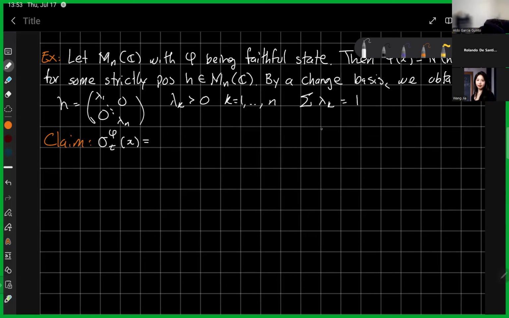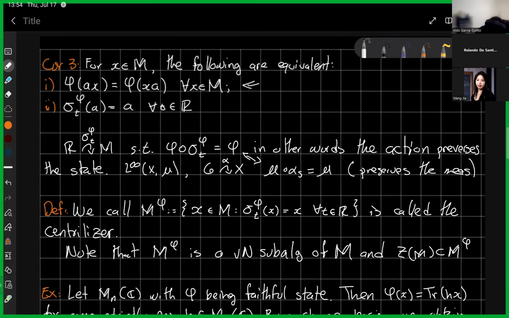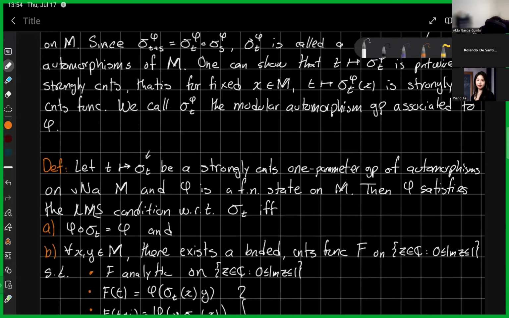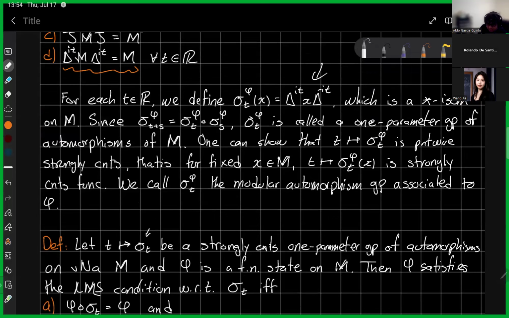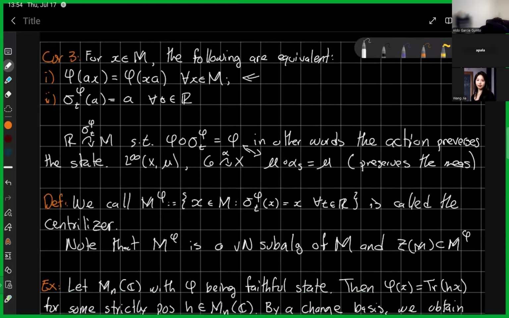Remember how we defined the automorphism group? We defined it by conjugating by the positive operator associated to the adjoint. Okay, so you want to conjugate by H then. Yes, exactly. So it should be H^it.